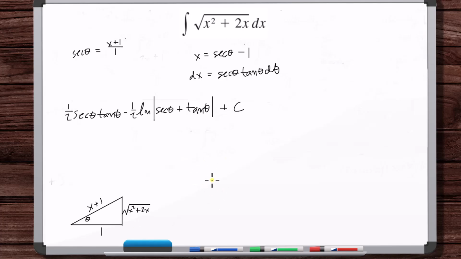All right, so we've got 1/2 and then secant theta. All right, tangent theta is opposite over adjacent.